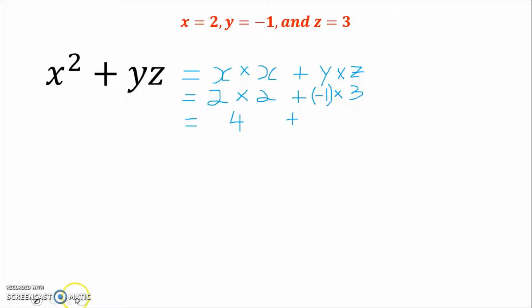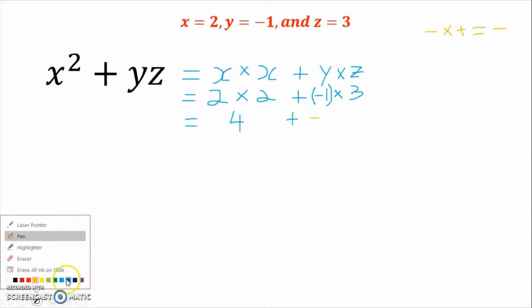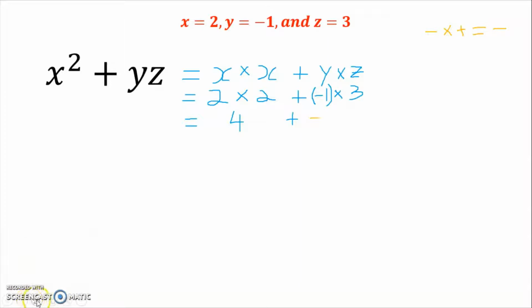Here you are multiplying a negative number by a positive number, and negative times positive equals negative, so you get negative 3, because 1 times 3 equals 3. So negative 1 times positive 3 equals negative 3.